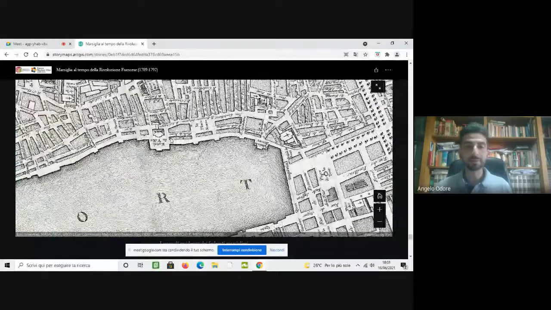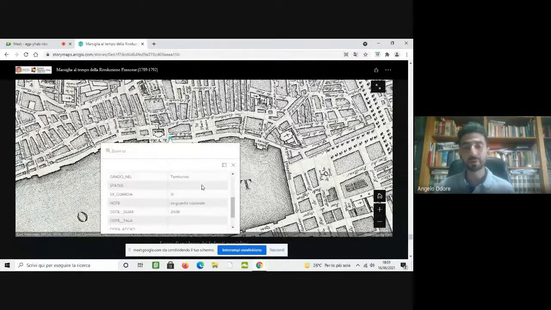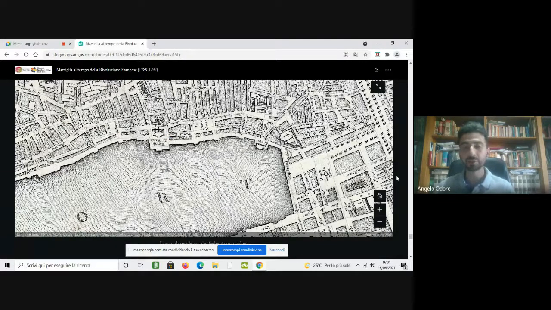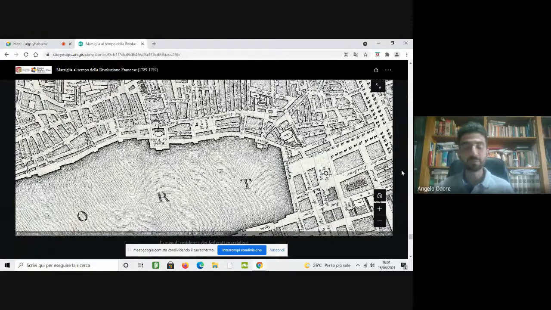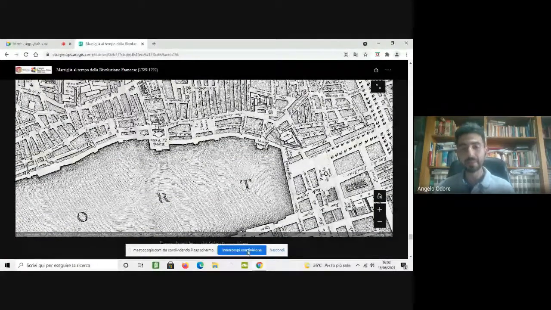We can touch every point, and we have an aspect of each soldier: the surname, the name, his job, his residence. The application was developed with a touch screen system, and is now present in the museum of Marseille.